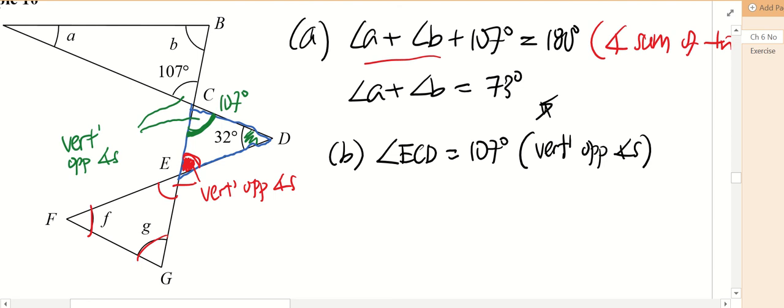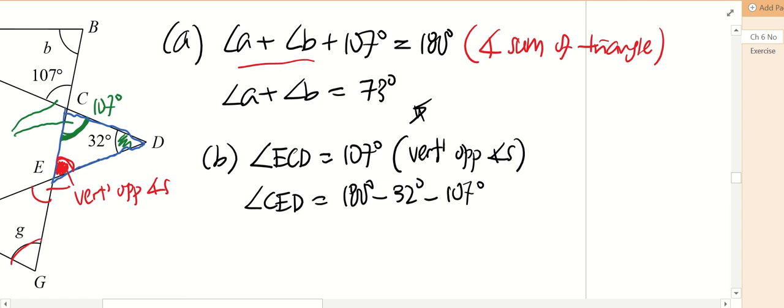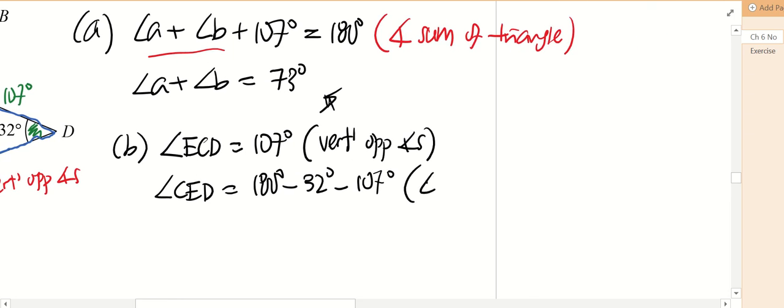With my information of ECD, I can immediately find CED. So angle CED, using the blue color triangle, equals 180 degrees minus 32 degrees minus the 107 that we just discovered. And we need to quote the reason, which is angle sum of triangle.